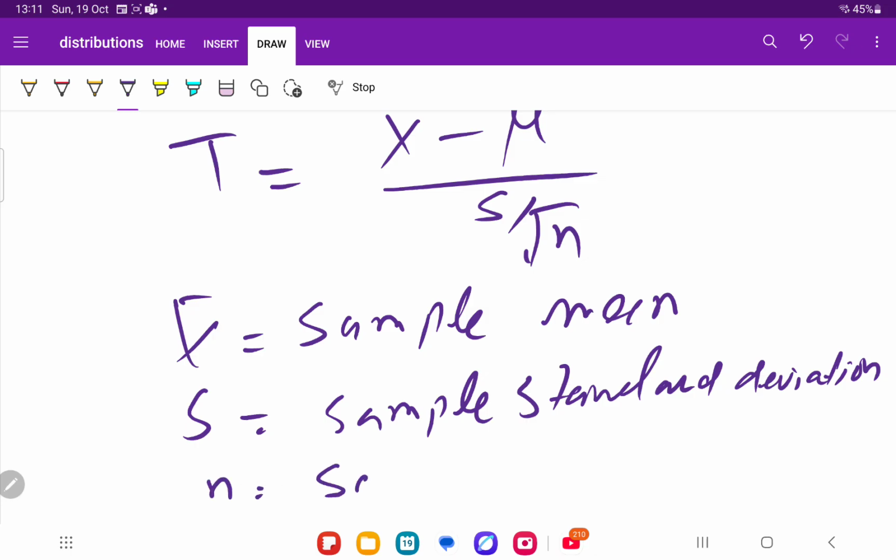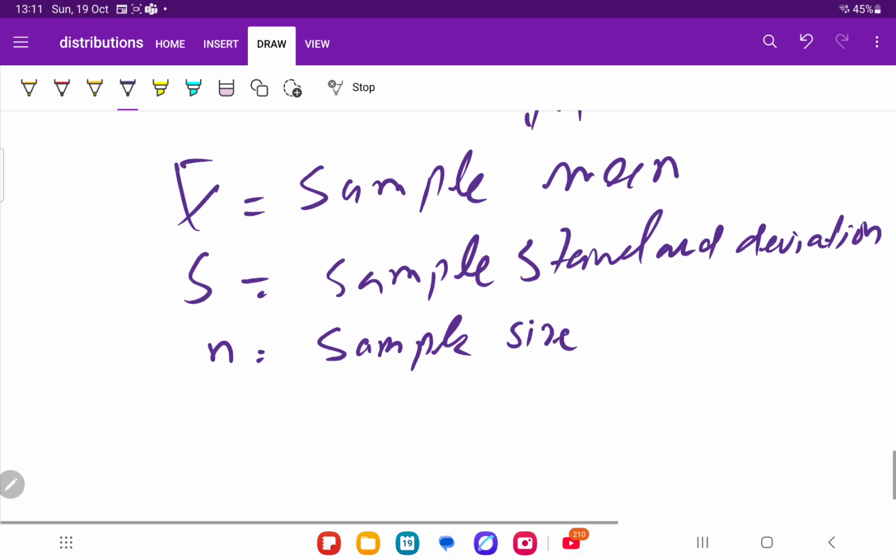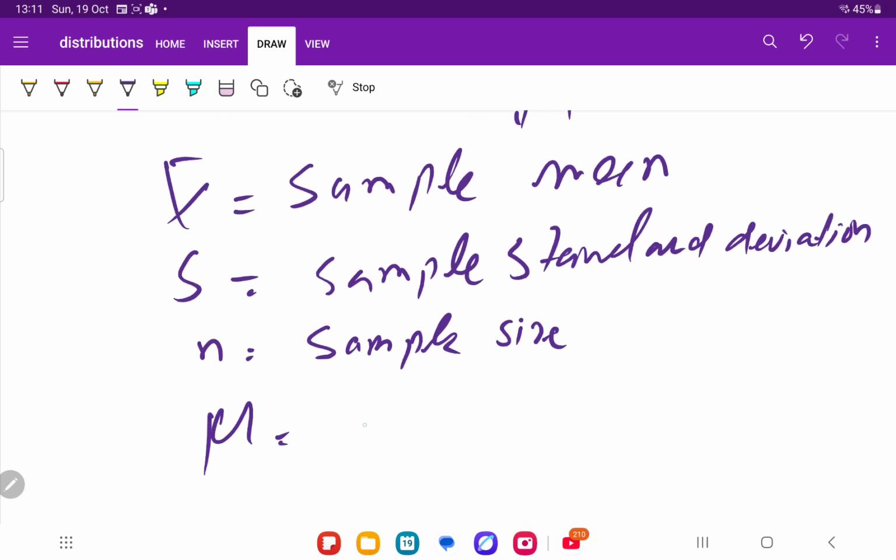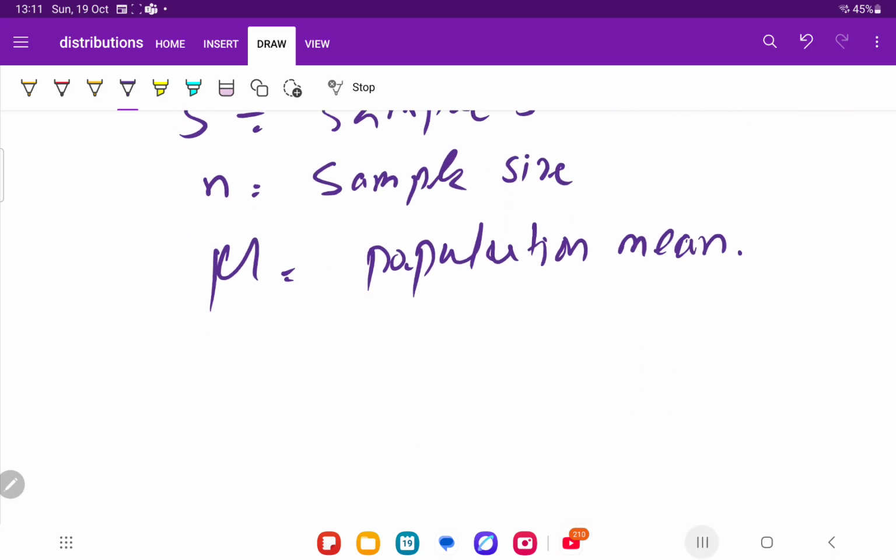N is the sample size and mean is the population mean.